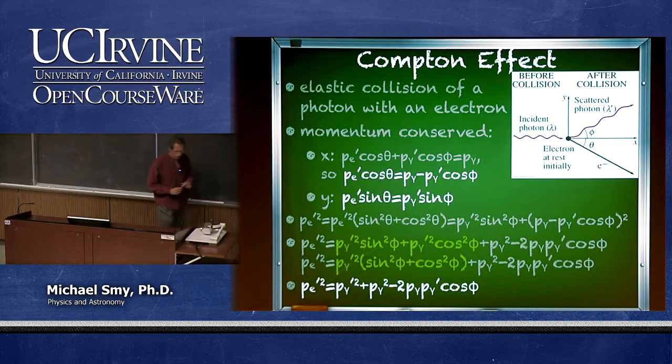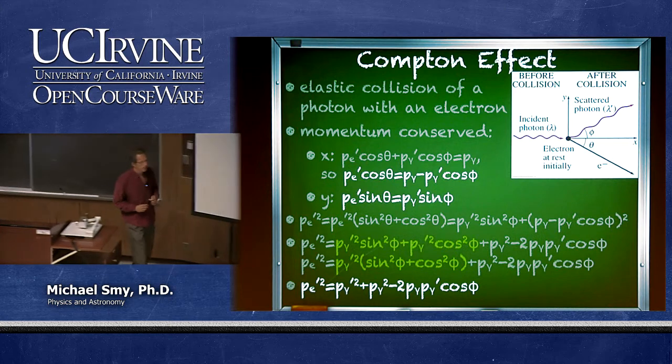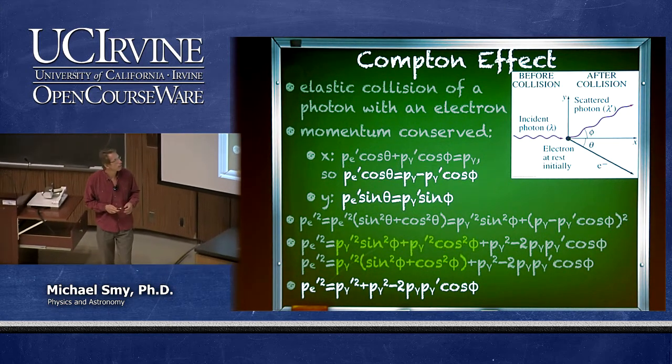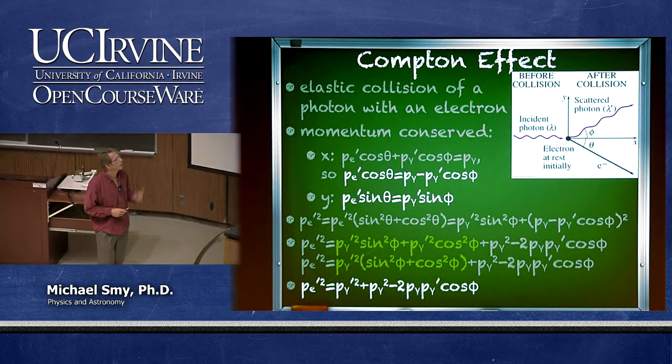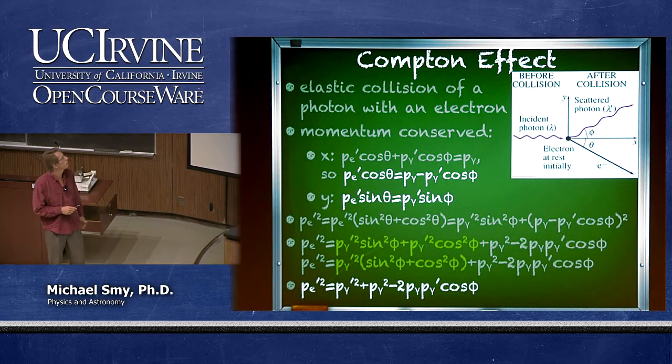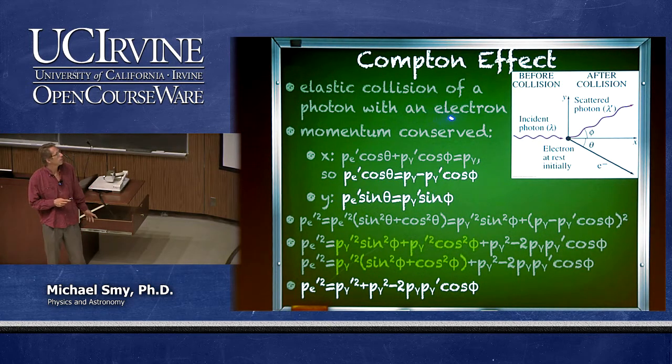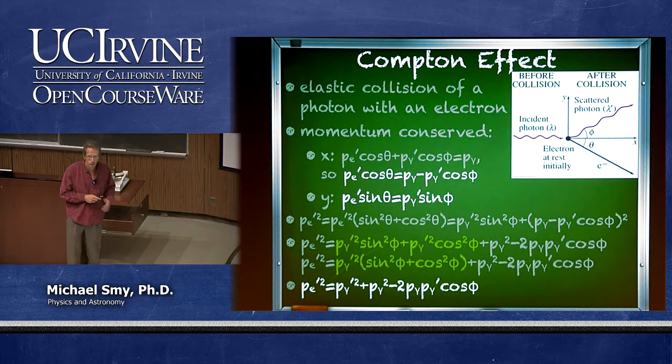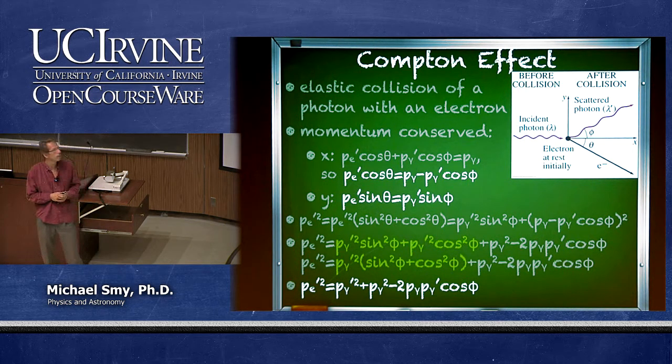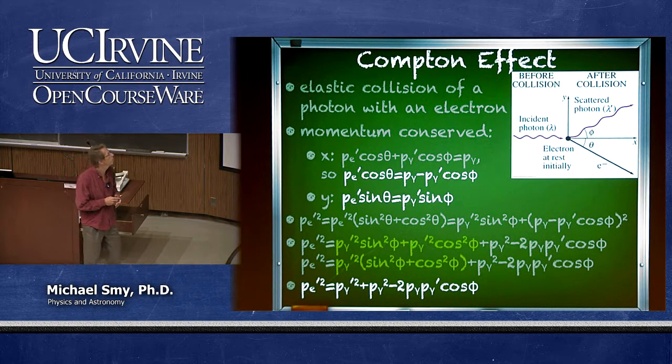So let's now calculate the scattering of photons with electrons like it was shown in the Java simulation. The Compton effect, which is what this is called, is an elastic collision. And that means that both momentum and energy are conserved in such a collision.